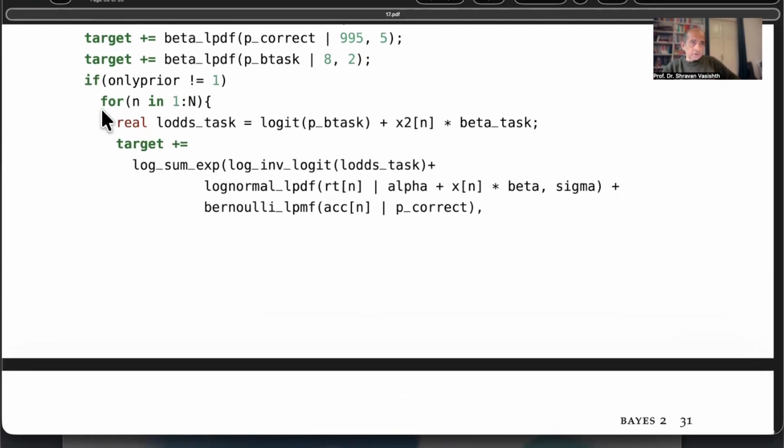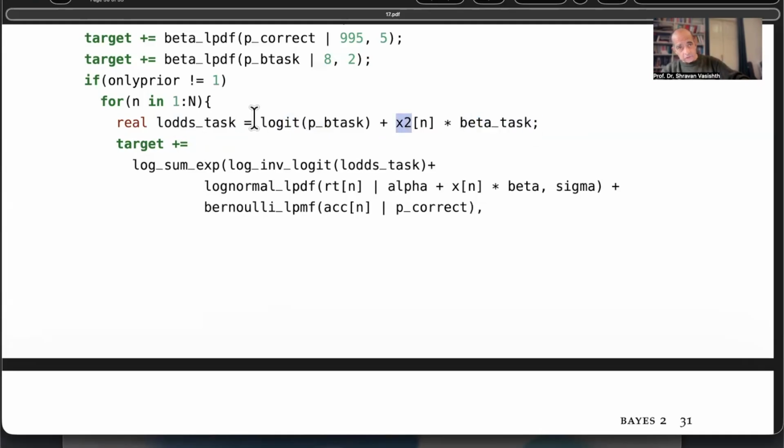So now we produce the data generative process for the n data points. We're going to define the model for every row in the data frame. And so I showed this earlier. We are now creating this line here, which is creating alpha task, and this is the beta task as a function of instruction, right?